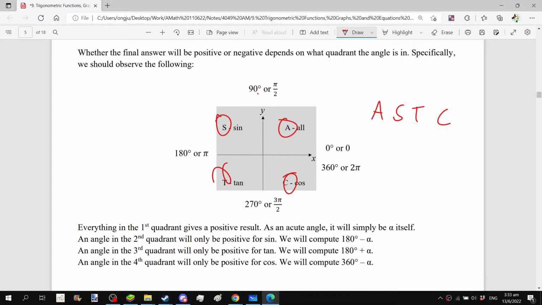But I personally prefer the extremely memorable and unusual after sex throw condom, ASTC. So hopefully the sheer oddity of this mnemonic will allow you to better memorize these four little letters.